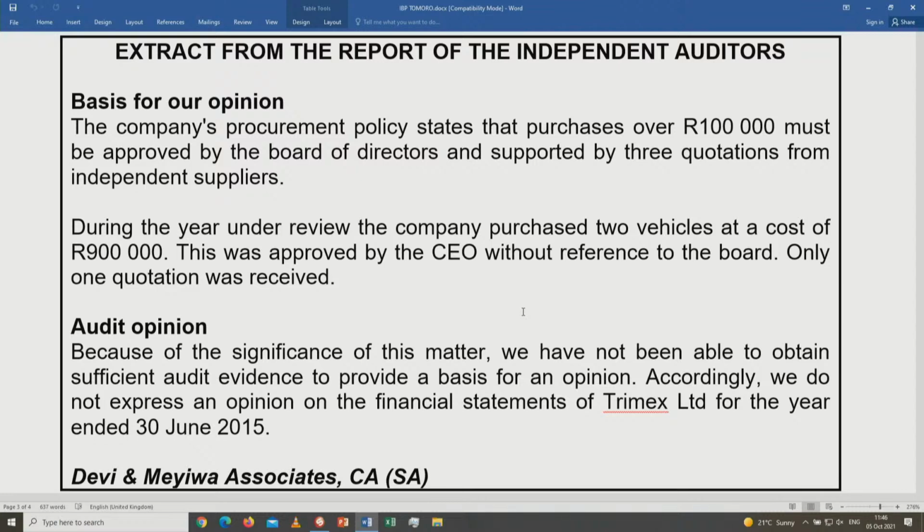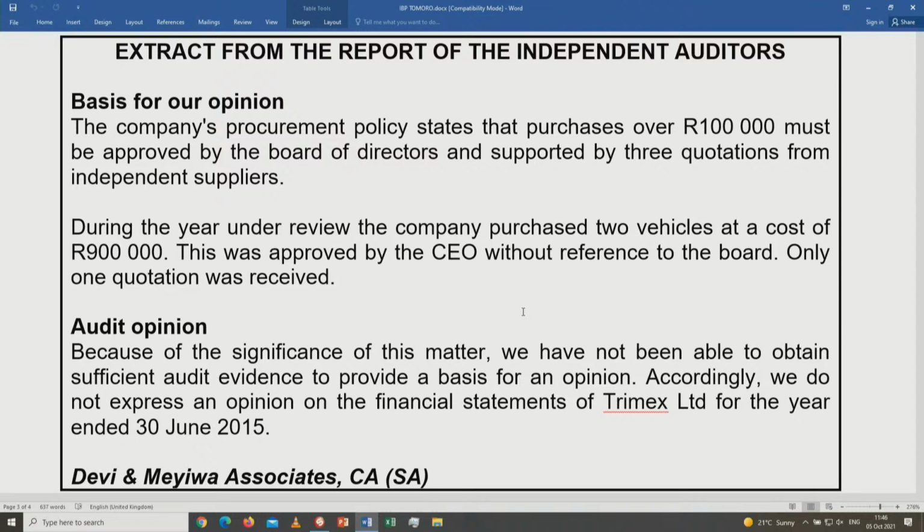Now, here is the audit opinion. Because of the significance of this matter, we have not been able to obtain sufficient audit evidence to provide a basis for an opinion. I start again. We have not been able to obtain sufficient audit evidence to provide a basis for an opinion.